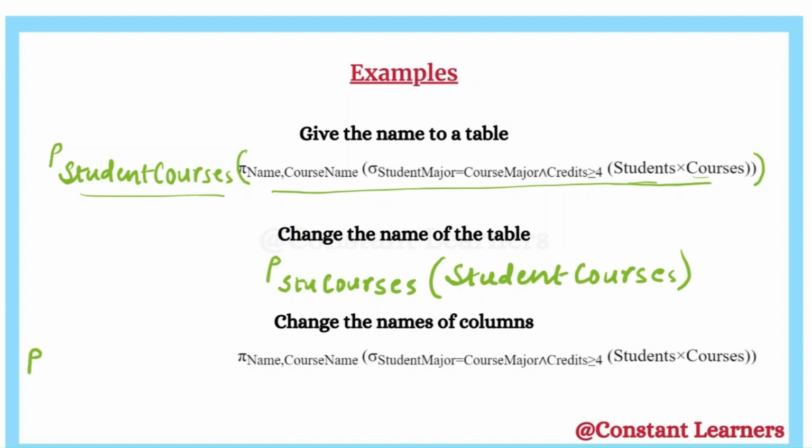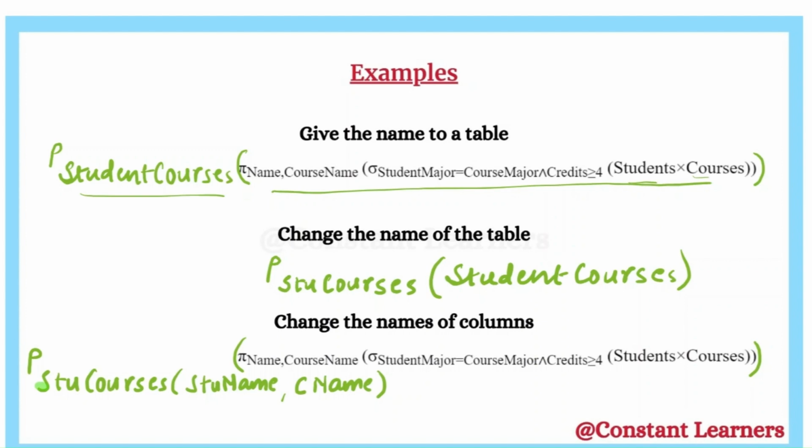Correct? Now, let's say we need to give the name as stu courses. And inside the bracket, let's say the name has to be changed to stu name. And course name has to be changed to C name. Correct? And inside the bracket will be our query.